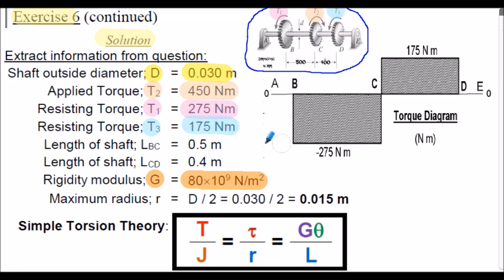The length of the shaft, LBC, shown here, 500 millimeters, so that's 0.5 meters. And the length of the shaft, C to D, shown here, was 400 millimeters, so 0.4 meters. The maximum radius of the shaft, call it R here, to use in our simple torsion theory, is D divided by 2, so 0.015 meters in this case.